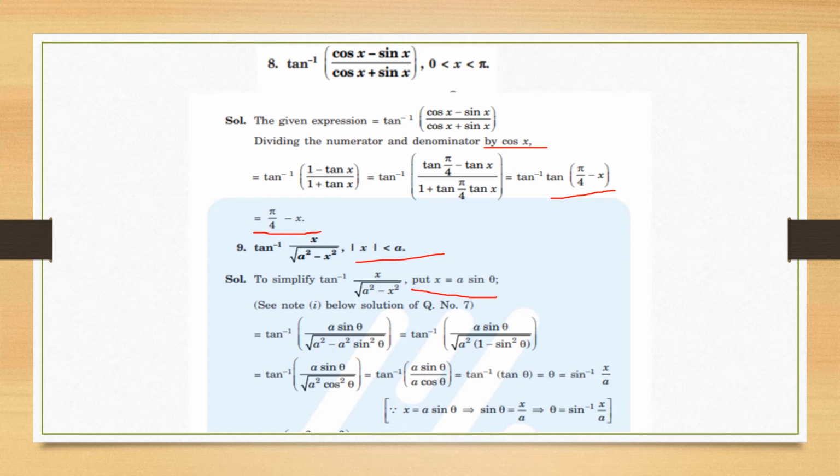Out of the root, the denominator just becomes a cos theta. So a sine theta upon a cos theta gives me tan theta. And tan inverse tan theta is theta, where sine theta is x upon a. So theta is sine inverse x upon a. So I get the answer as sine inverse x upon a.